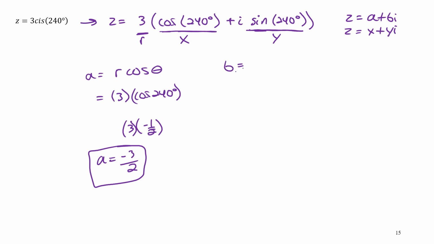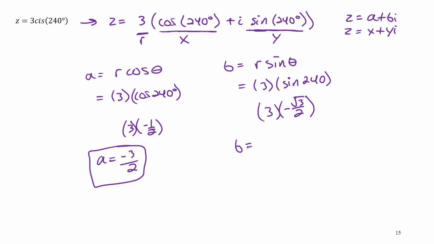For b, we know that it's r sine theta. We know that our r is 3, and our sine is sine of 240 degrees. Looking at the unit circle, you'll see that sine of 240 degrees is negative square root 3 over 2. And we can write b as equal to negative 3 square root 3 over 2.